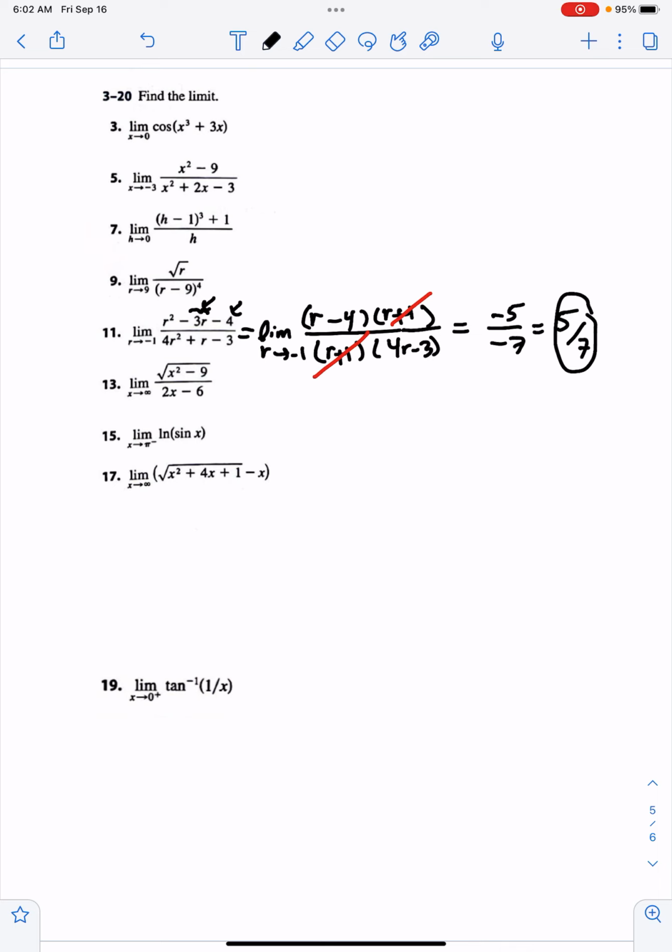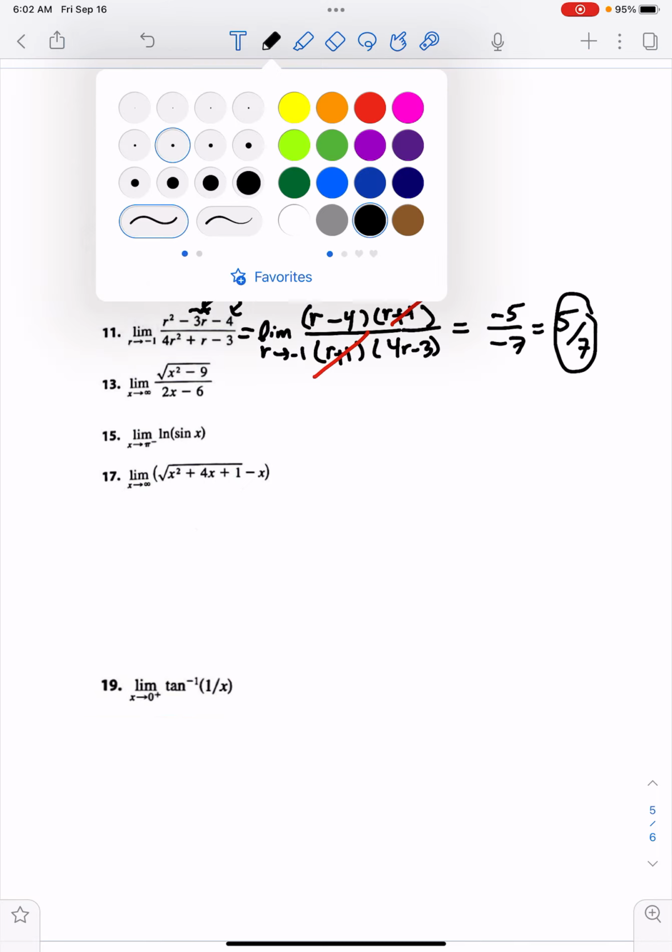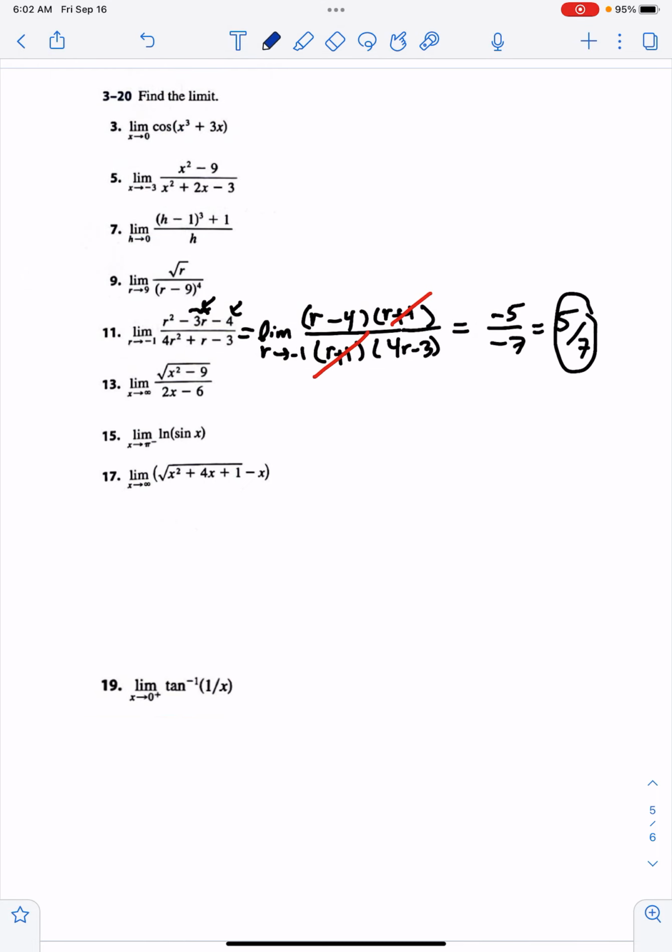Okay. Next. Limit as x goes to infinity. On top, when you are finding limits as x goes to infinity, you can always think about it this way. If you substitute infinity here, a large number minus 9 is a very huge number.